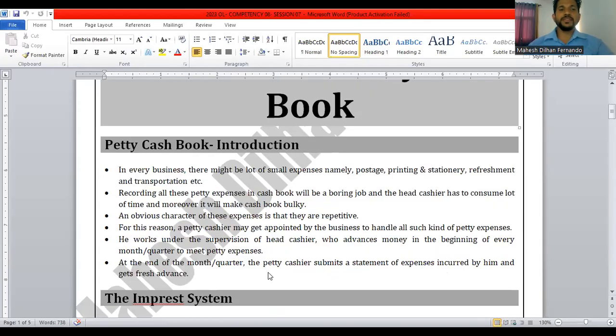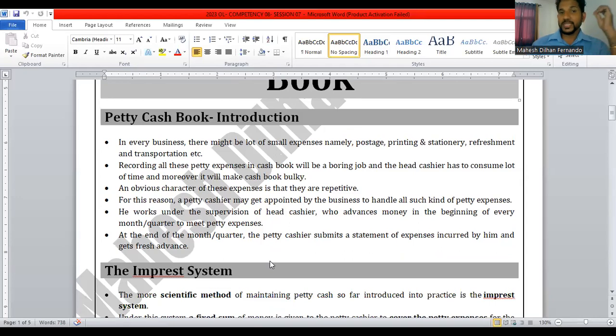It says, in every business, there might be a lot of small expenses, namely postage, printing, stationery, refreshments, and transportation. Recording all these expenses in the cash book will be a boring job, and the head cashier has to consume a lot of time, and moreover, it will make the cash book bulky. So highlight all these things.